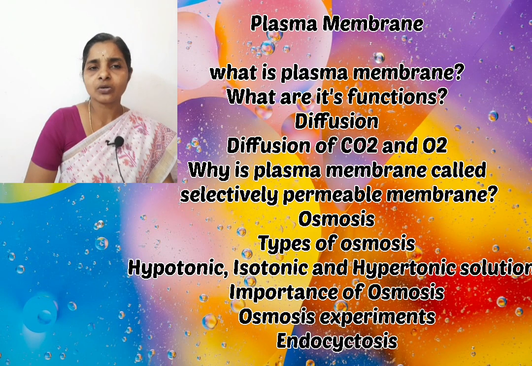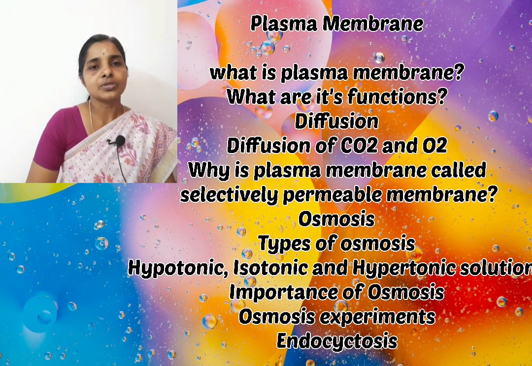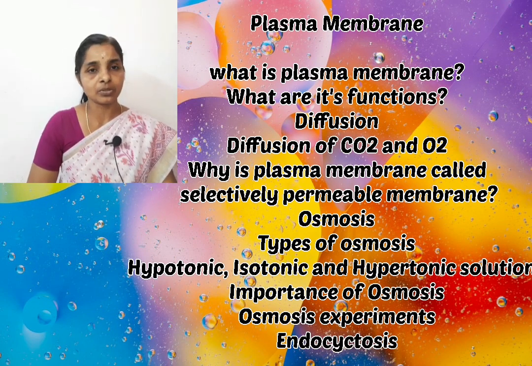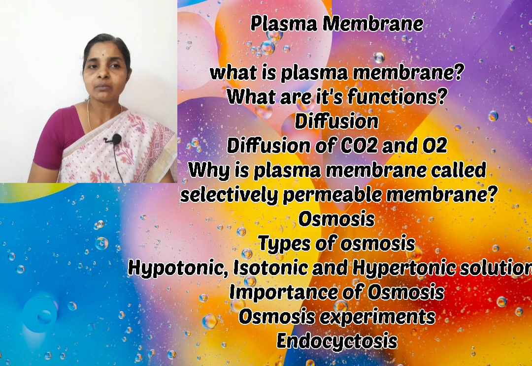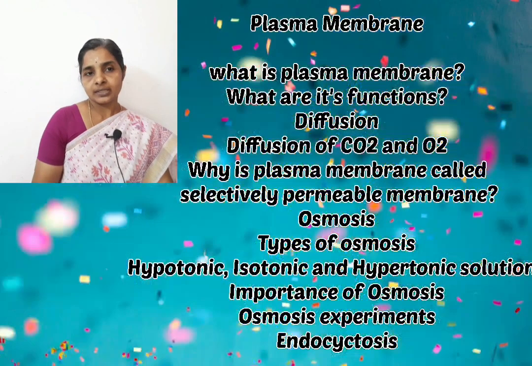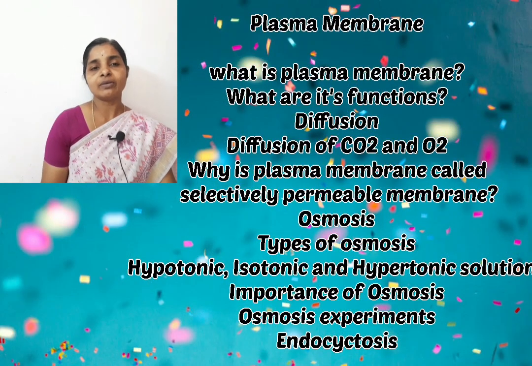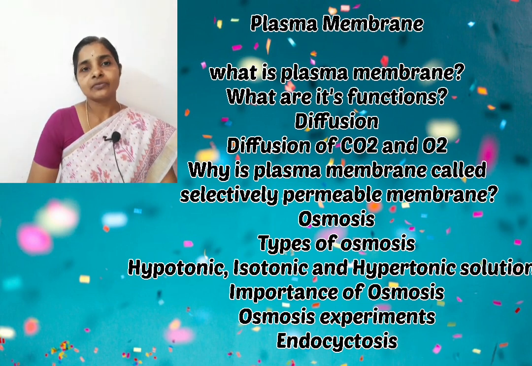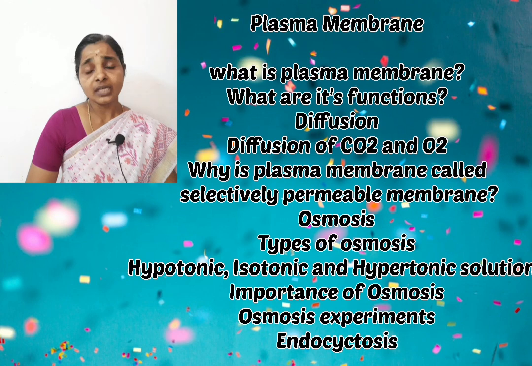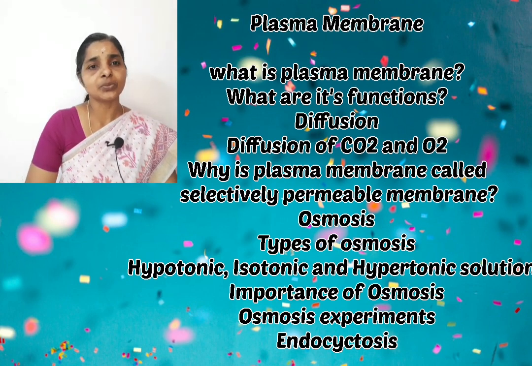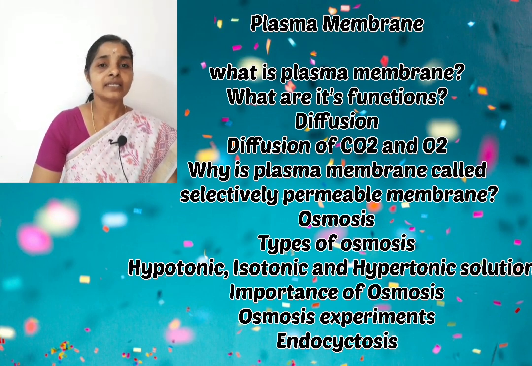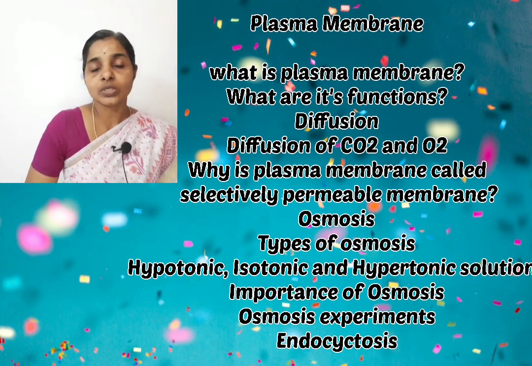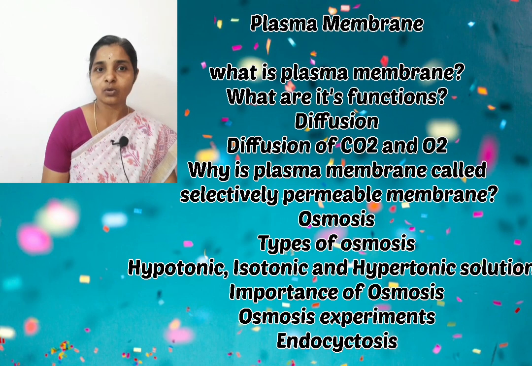Based on osmotic concentration, the three types of solutions are hypotonic, isotonic and hypertonic. Then we studied what happens to a plant cell or animal cell placed in these solutions, and the importance of osmosis in unicellular organisms and in the roots of plants.